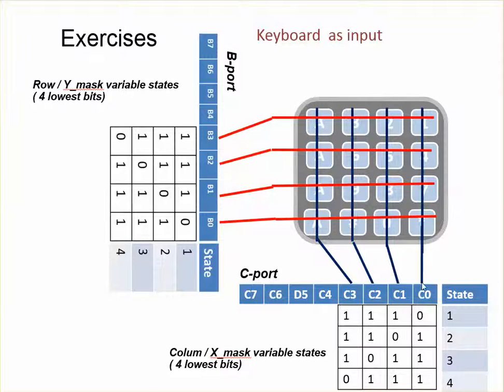We need to read these columns here at a time, and we have to control the row lines at a time. And we have 16 keys here, so that means that we have to read the state 16 times. Then we have been reading through the whole keyboard.